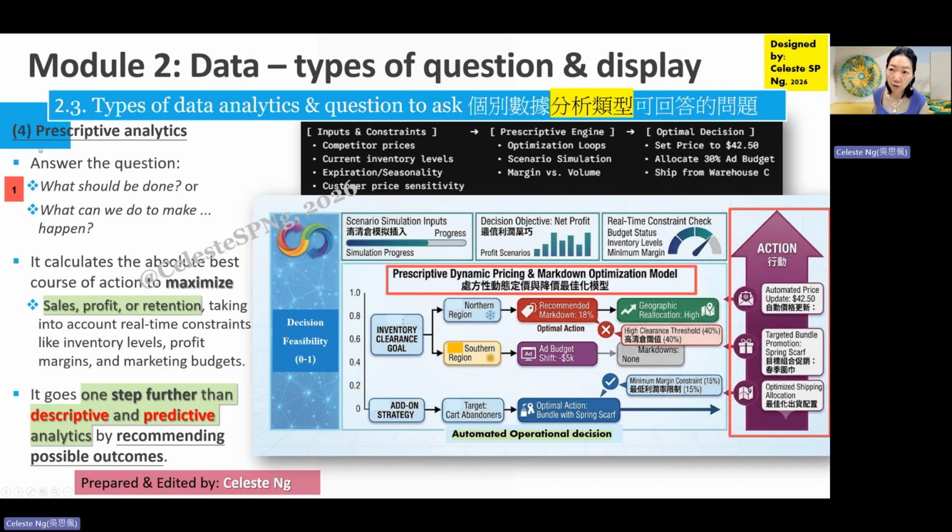So in this prescriptive dynamic pricing and markdown optimization model, the possible actions, right? Here we say that prescriptive analytics goes one step further than descriptive and predictive because it recommends possible action or possible outcome. For example, okay, automated price update. For example, here we do some markdown, right?